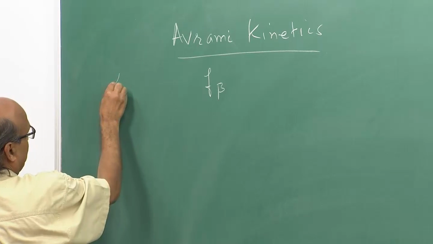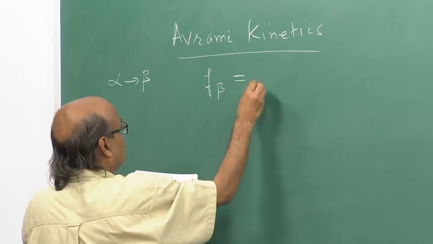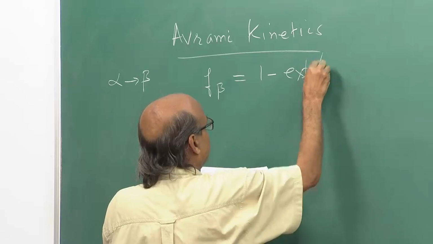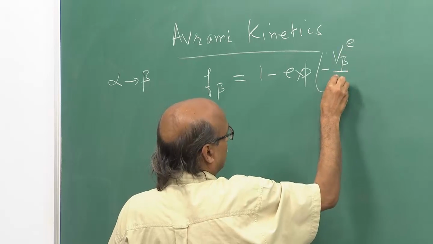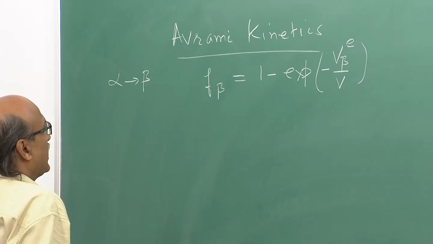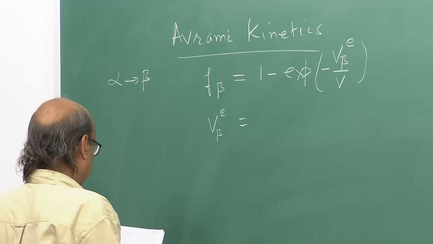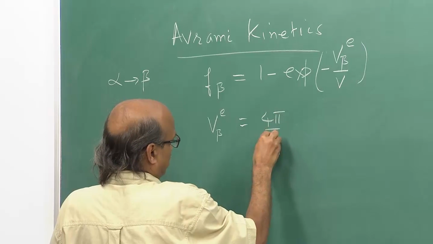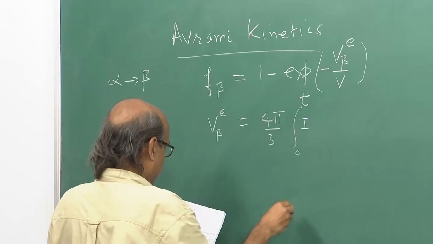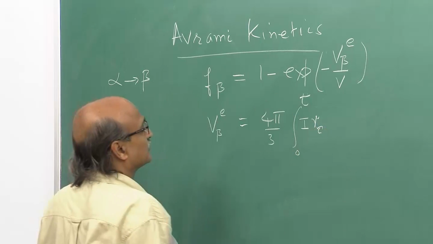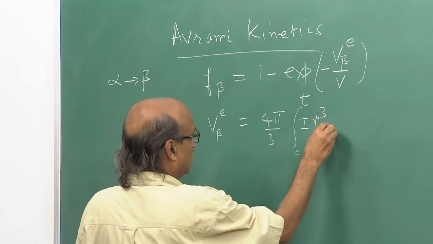The fraction in alpha to beta transformation, the fraction transformed, is given by 1 minus exponential minus the extended volume V beta E divided by the volume of the system, and the extended volume of the transformed beta was written as 4 pi by 3 integral 0 to t the nucleation rate times the radius of a nucleus nucleated at time tau cube d tau.